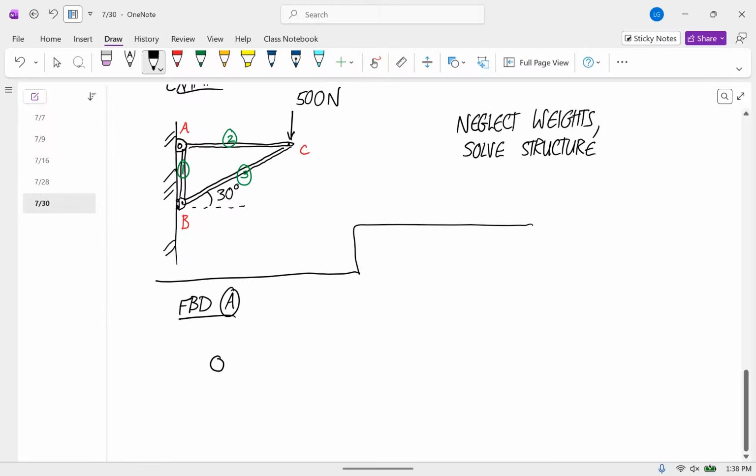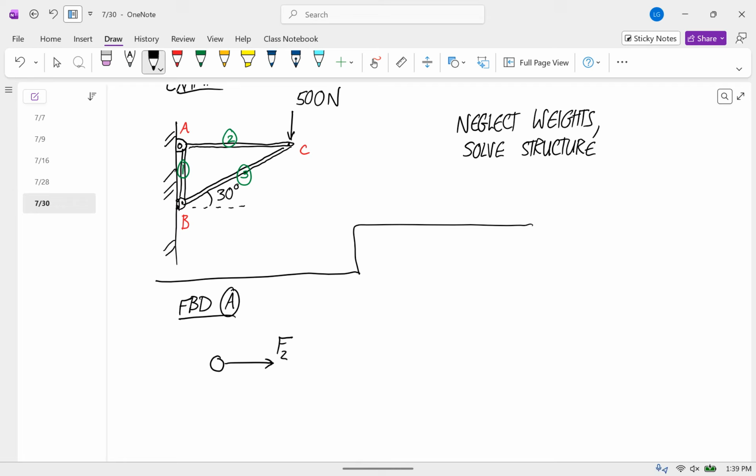And that's just a blown up view of the pin. So what loads are acting on that pin? Well, member 2, which we're thinking of as kind of like a cable, is going to be pulling the pin this way. So this is going to be the force 2. Instead of using T, I'm using F, just to remind us that this can come out to be positive or negative, unlike a real cable tension.